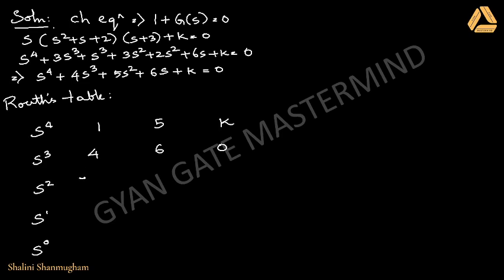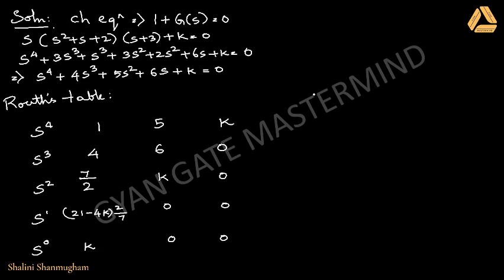Third row becomes, by multiplying, (5 into 4 minus 6) divided by 4. So by simplifying this we will be getting 7 by 2 and this as k and 0. And this one, (6 into 7 by 2 minus 4k) divided by 7 by 2, will yield you the answer (21 minus 4k) into 2 by 7. These all will become zeros, and coming to the last row, the constant k.